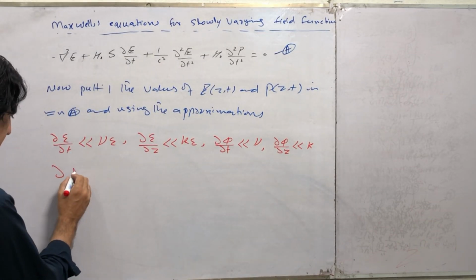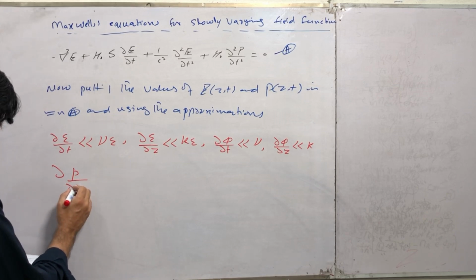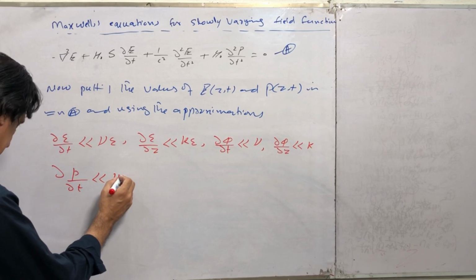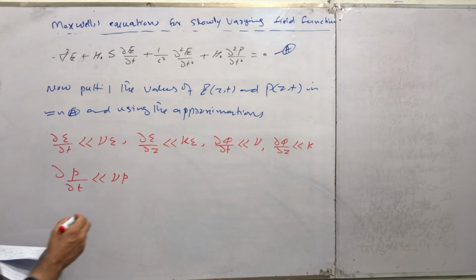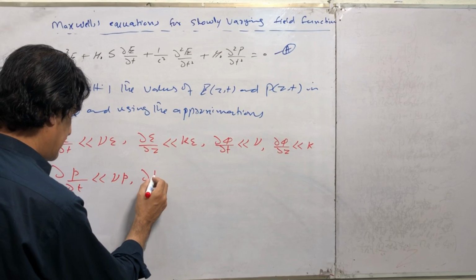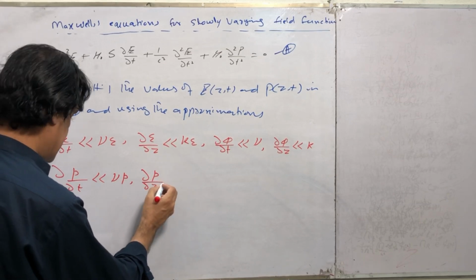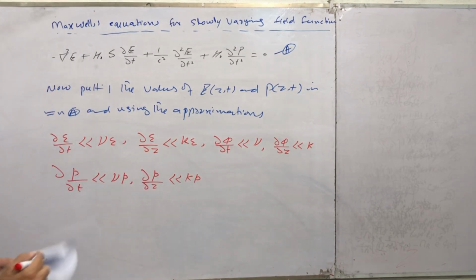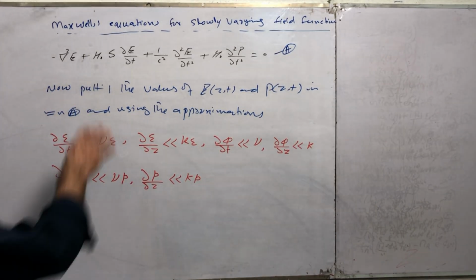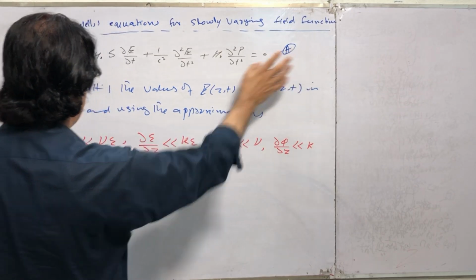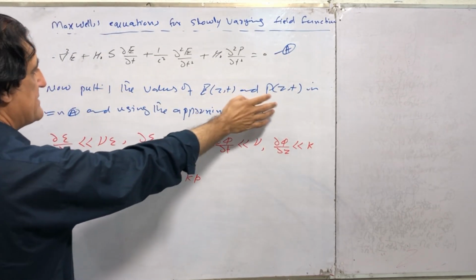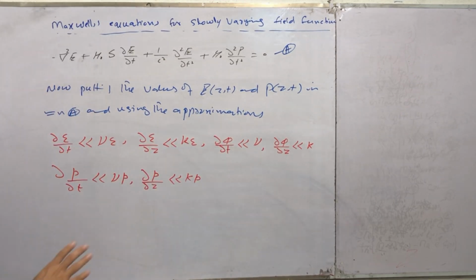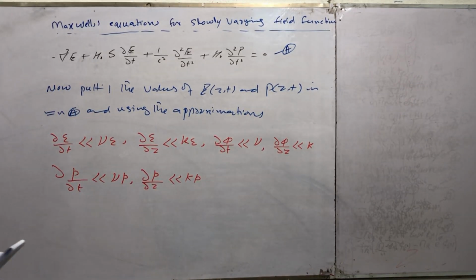Partial P divided by partial t is very, very much less than nu P, and partial P divided by partial z is very, very much less than kP. Okay, so now we have this equation A, putting the value of this and this in this equation and using these approximations, then we can get the expression as.